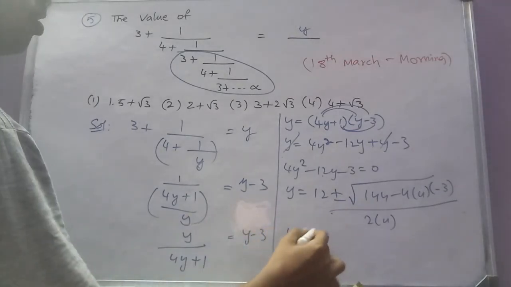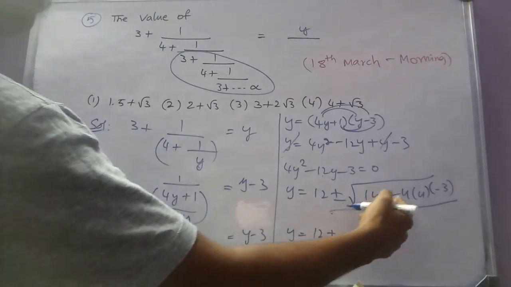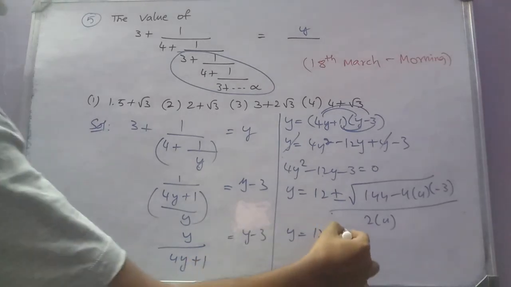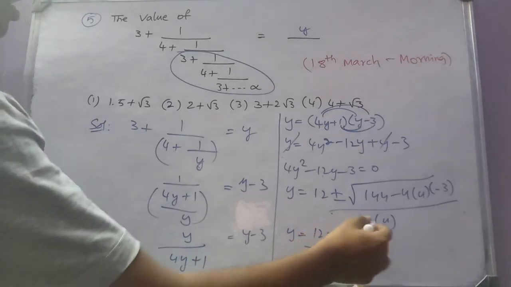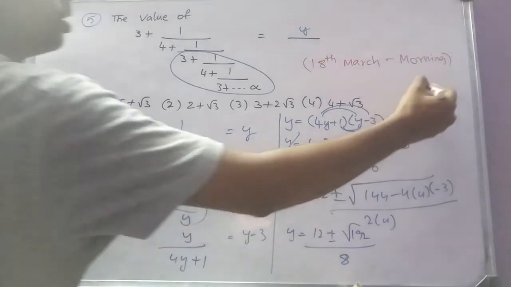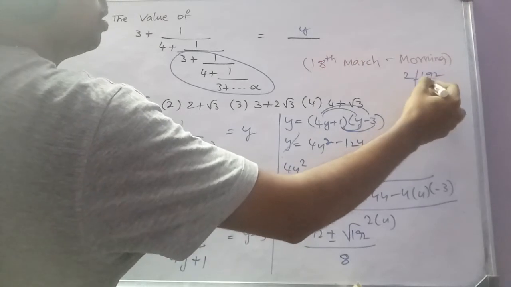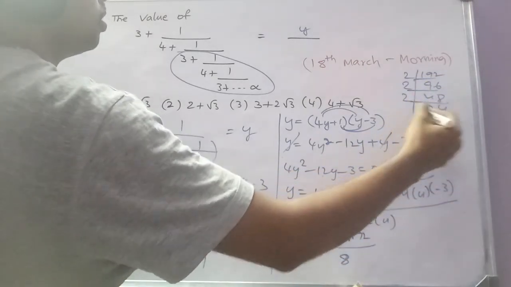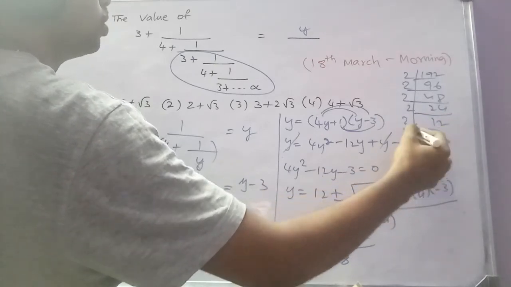So what is it? y is equal to 12 plus or minus root of 144 plus 48. 144 plus 48 is how much? So root 192 divided by 8. So you can prime factorize 192: 96, 48, 24, 12, 6, 3.